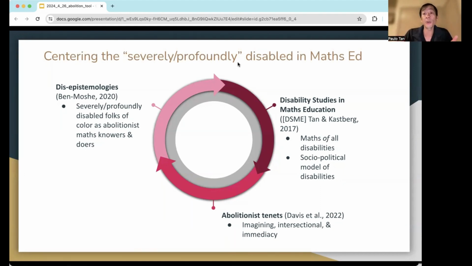If we center those who are most marginalized, we are making the work about them, removing them from harmful spaces they are currently in, the kinds of mathematics they're engaged in, and the kinds of dehumanization that happens in what I think of as sites of incarceration, which are segregationist spaces where they have very little engagement with rich, meaningful, connected, important kinds of mathematics.